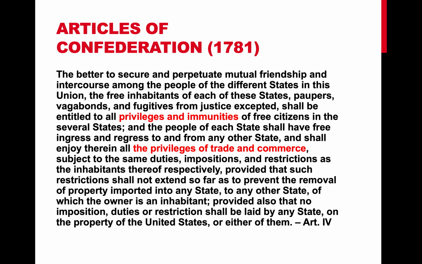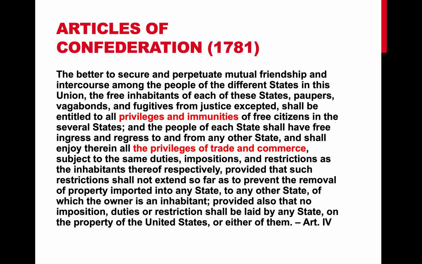It said, "The better to secure and perpetuate mutual friendship and intercourse among the people of the different states in this union, the free inhabitants of each of these states, paupers, vagabonds, and fugitives from justice excepted, shall be entitled to all privileges and immunities of free citizens in the several states.